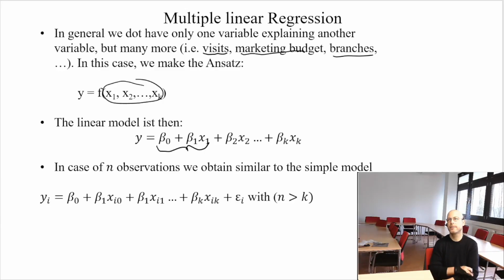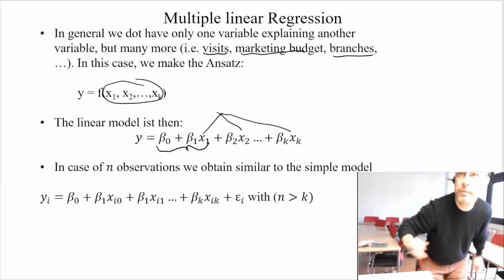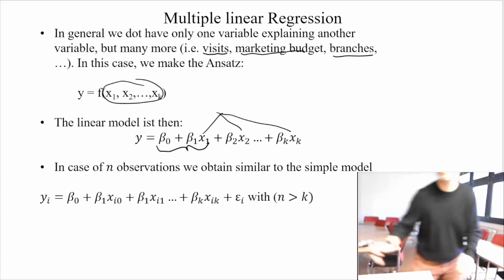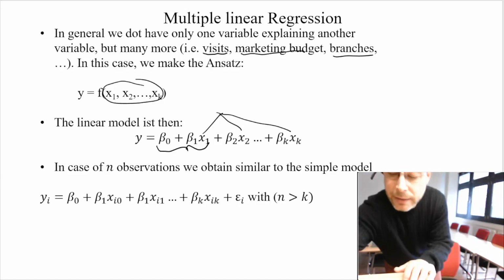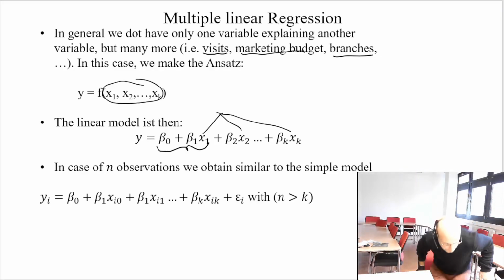With this here, we started. This was our starting point. But now we have x1, x2, x3, and so on. And then we just put these dependencies also in our linear model. And then we get this multi-dimensional sum.